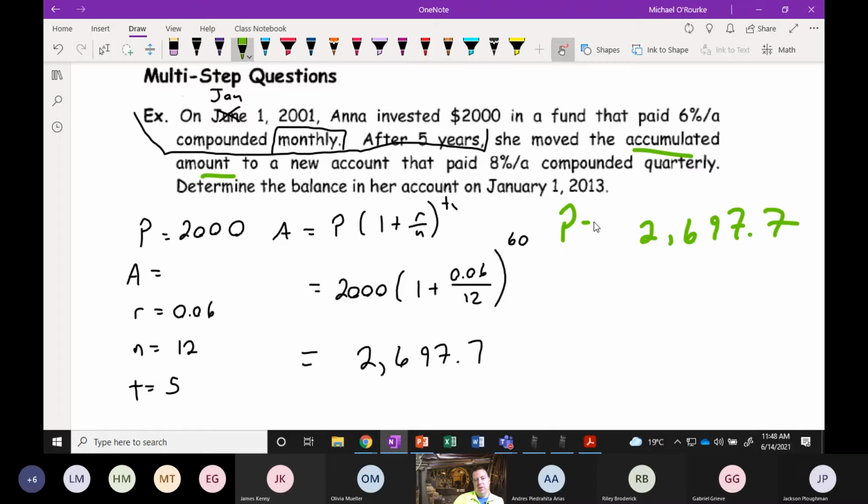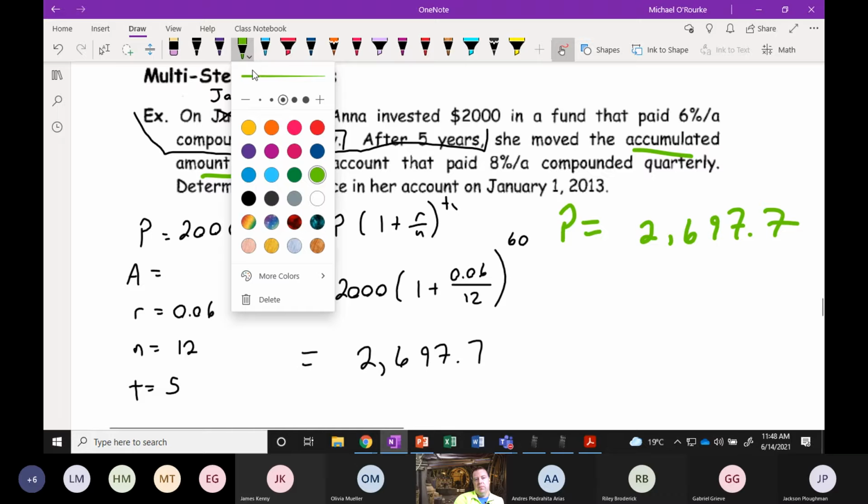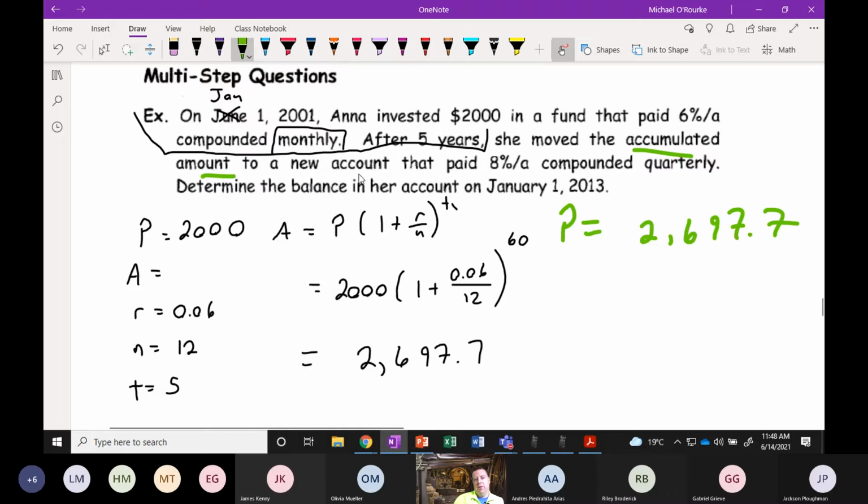That's going to be our new principal, into a new account that pays 8% compounded quarterly for the rest of the time. So we're going to 2013. If we've done 5 years, that means we're now in the year 2006. I'll let you guys work on that as I answer Gabe's question.